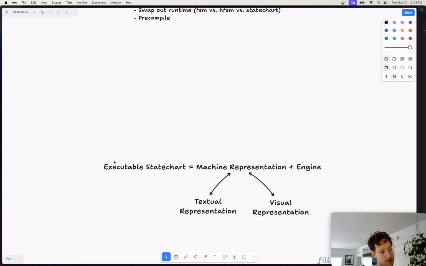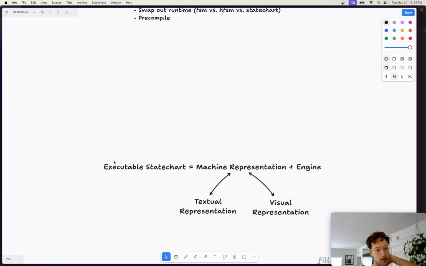Typically, there's some kind of textual representation that can be mapped back and forth to the machine representation. Sometimes they're the same, so maybe the user is authoring JSON, and a specific state chart engine is traversing and iterating through that JSON in order to execute the state chart, right?